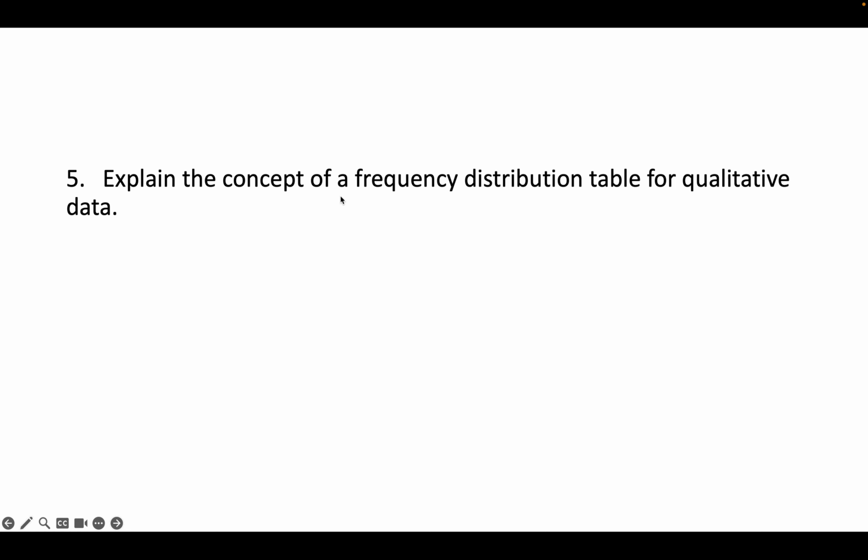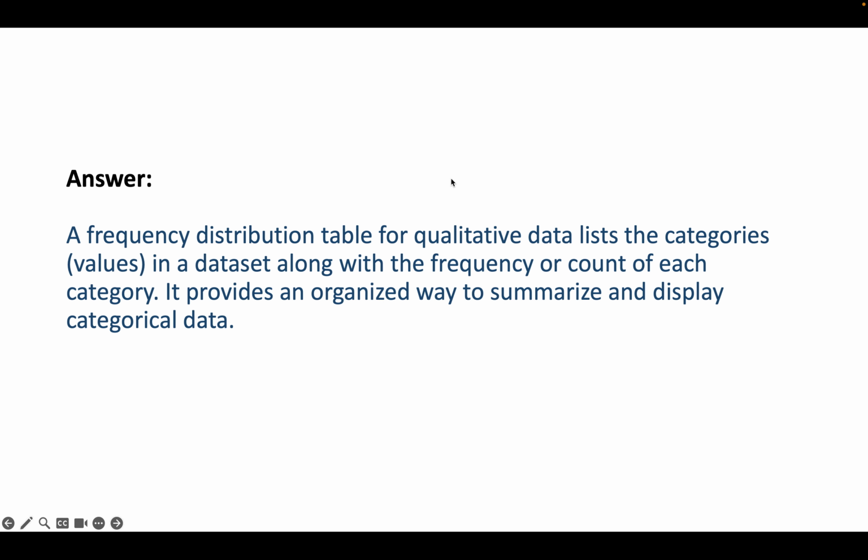Question 5. Explain the concept of a frequency distribution table for qualitative data. A frequency distribution table lists the categories or values in a data set along with the frequency, or count, of each category. It provides an organized way to summarize and display categorical data.